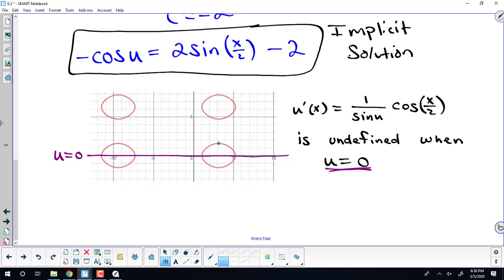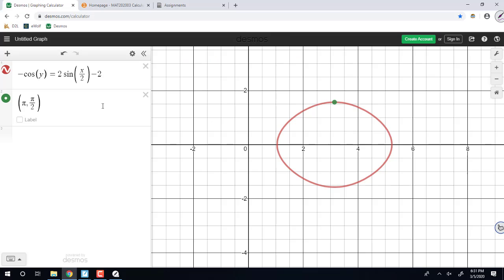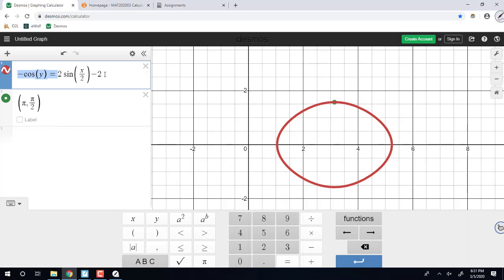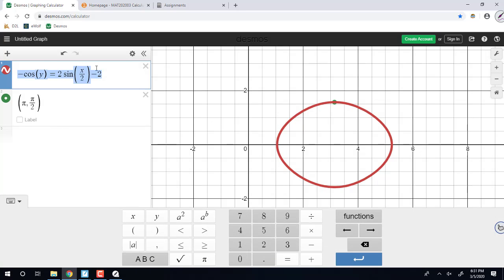Bear with me. Any questions? Okay. We'll hash it out in a second, but this implicit form is easy enough to solve for y. So let me copy this and paste it here.